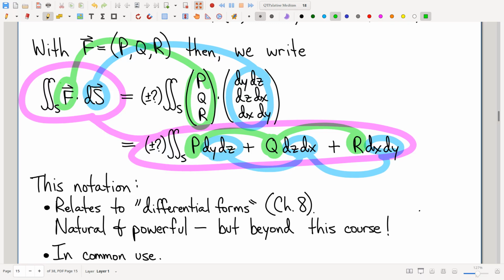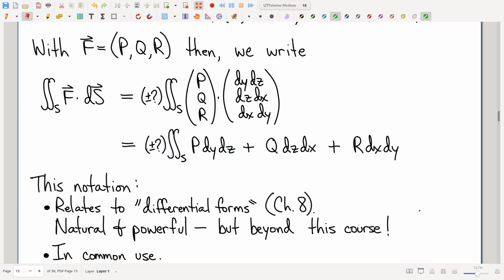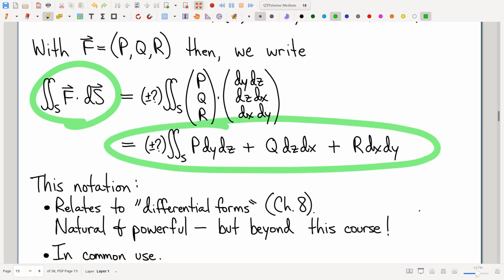Okay, what do you think? Questions? Everybody happy? Yes? So can you just use this at any time to discuss flux? Yeah. Anytime you want to write down flux, you are perfectly within your rights to write it this way instead. Again, in practice, there are not very many circumstances where this is actually going to be more convenient.